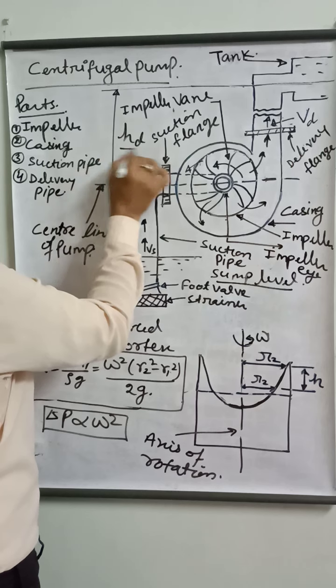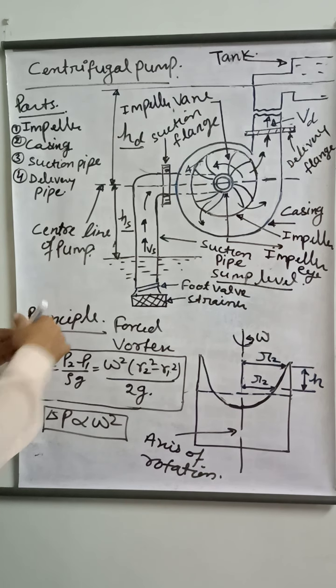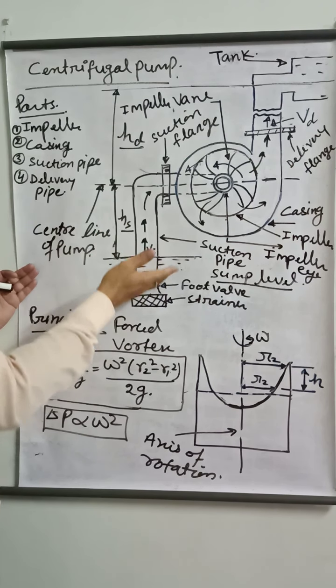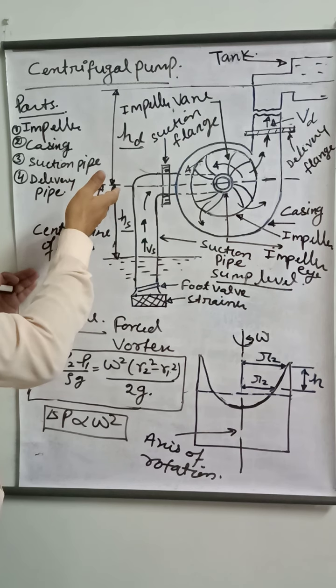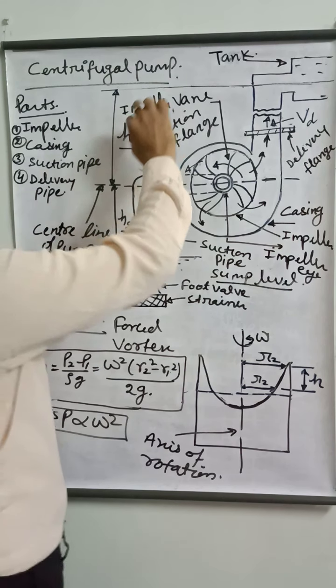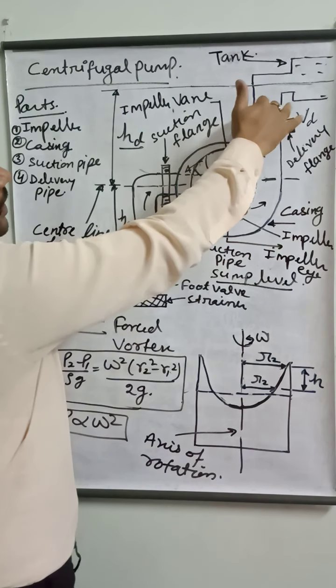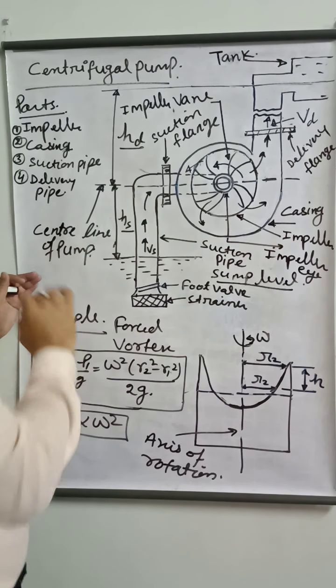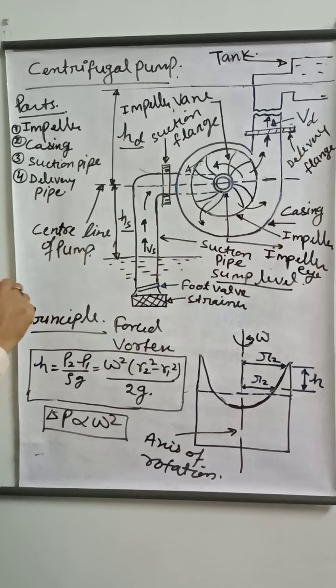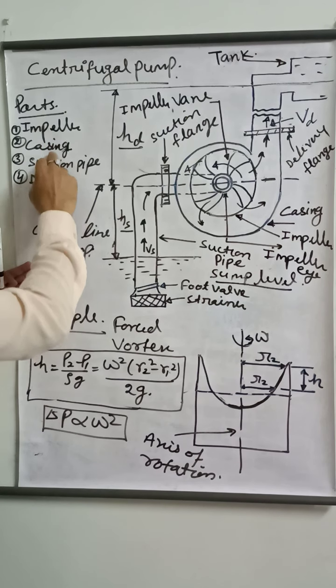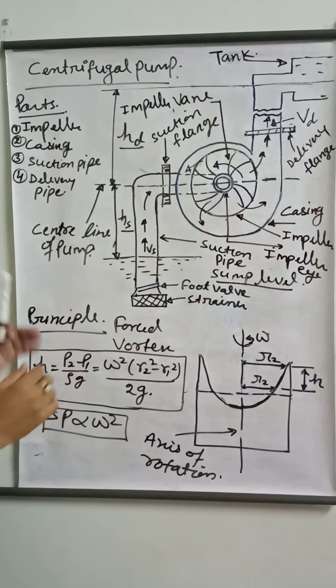This is the delivery head, this is the suction head, that means the head from sump level to center line of the pump, and this is the head from center line to the level of the tank where we have to deliver the water. Main parts are impeller, casing, suction pipe and delivery pipe.